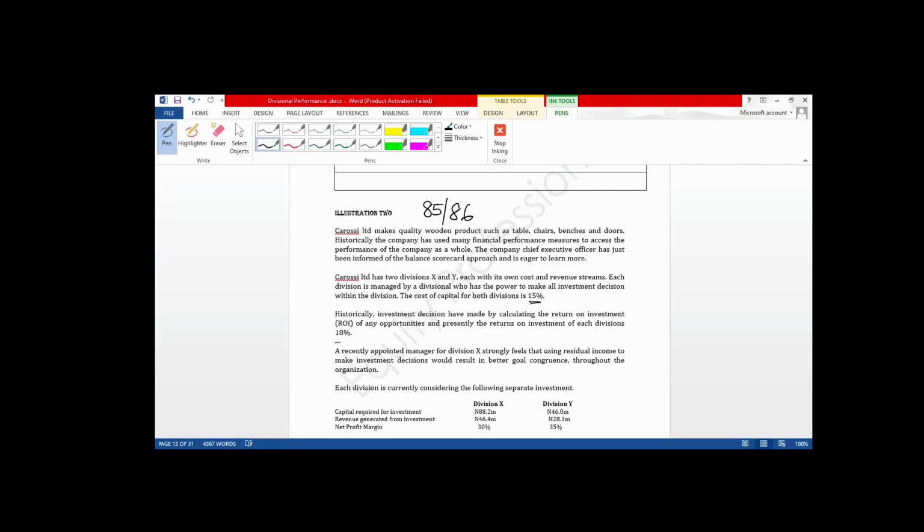Each division is managed by a divisional manager who has the power to make all investment decisions within the division. The cost of capital of both divisions is 15%.